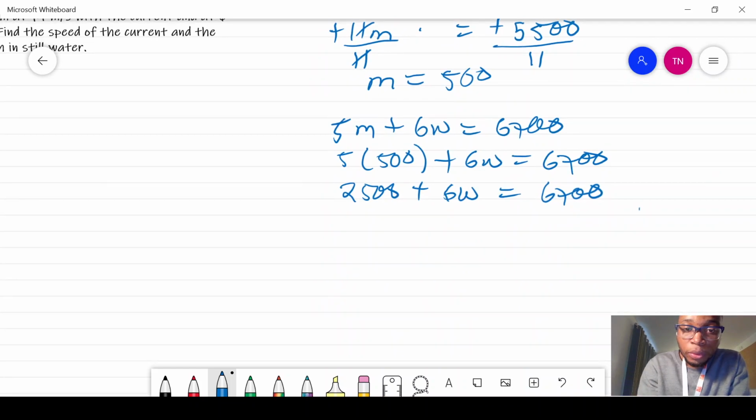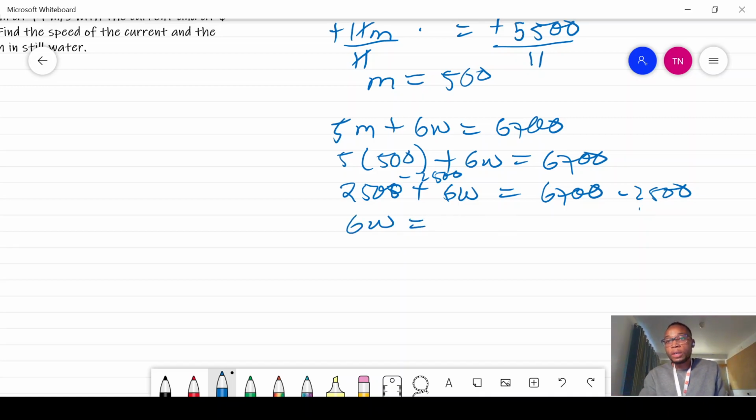So what we're going to do, pardon my sloppy handwriting, is subtract 2,500 from both sides. We're going to be left with 6W is equal to 6,700 minus 2,500. You can do the calculations on the side. Like I told you earlier, I've grown to become very lazy.